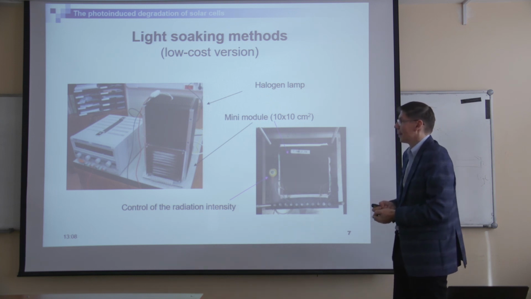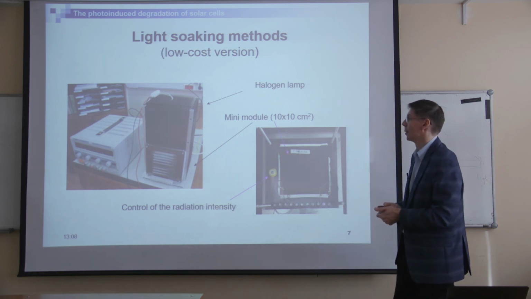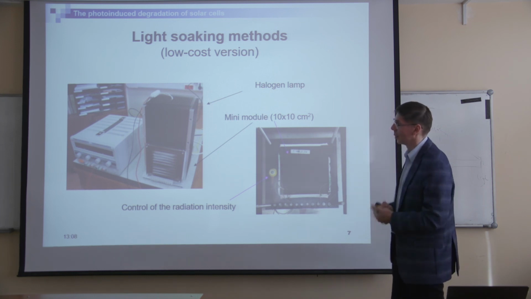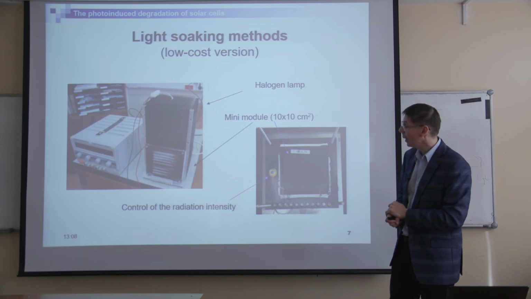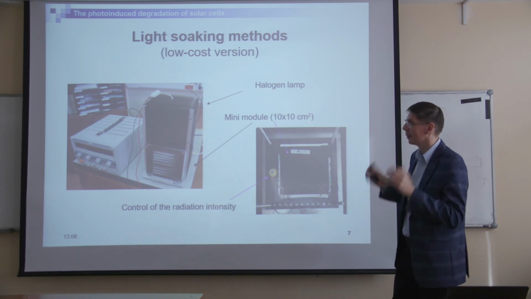So it's crazy to use a xenon lamp for this light-induced degradation. This is why you just have to get some illumination with the equivalent intensity. You can control the radiation, and it's okay.